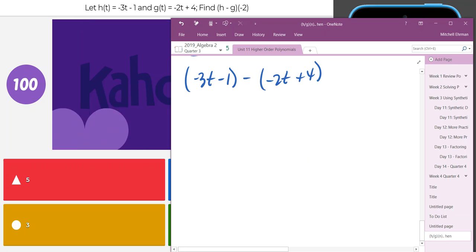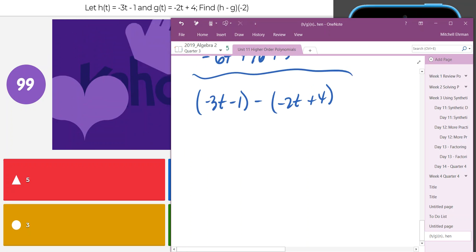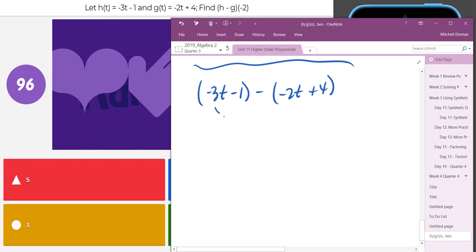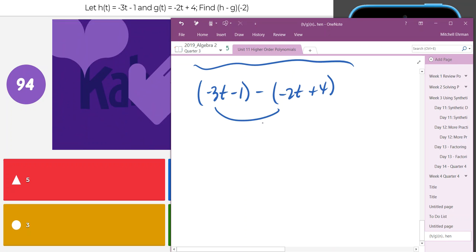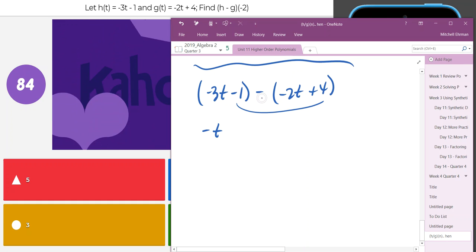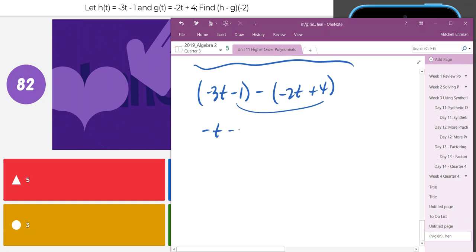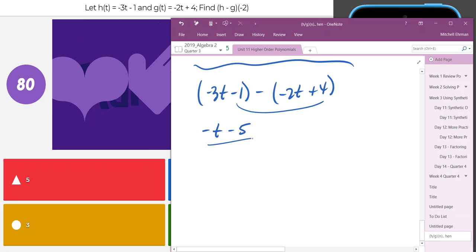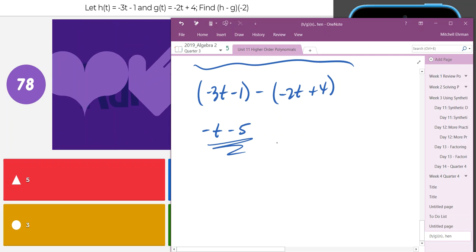Now, some of you are going to get good at this and can probably subtract these without clearing the parentheses. You're going to see that negative 3t minus negative 2t is the same as negative 3t plus 2t, and so that's negative t. Then you'll also recognize that negative 1 minus 4 is going to put you down to negative 5. So we've got negative t minus 5.